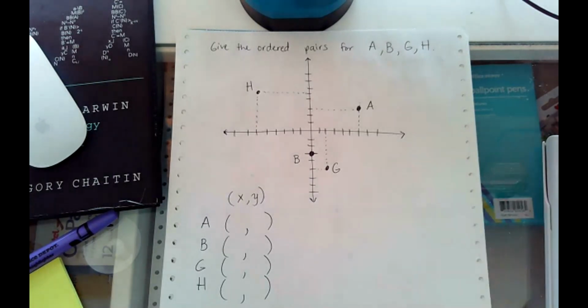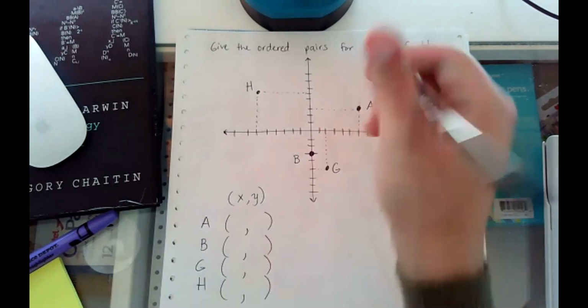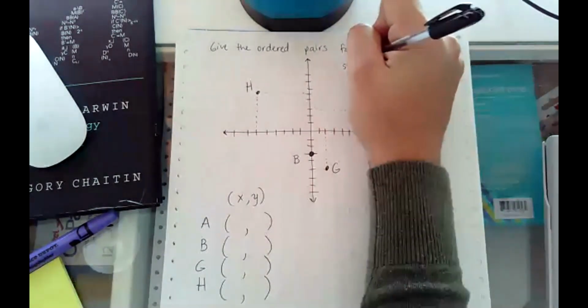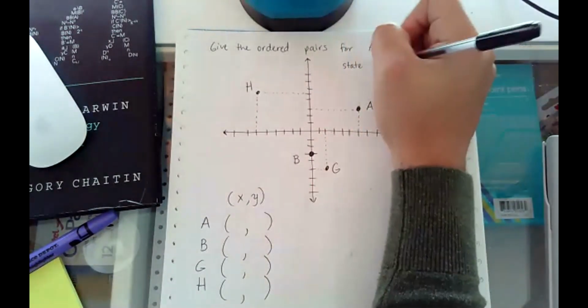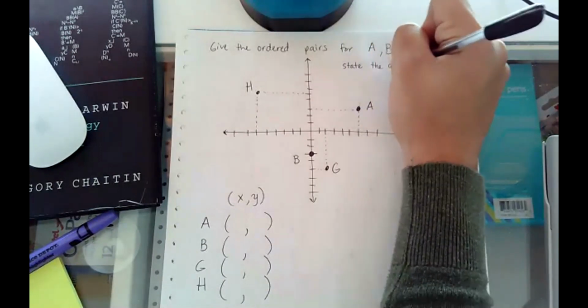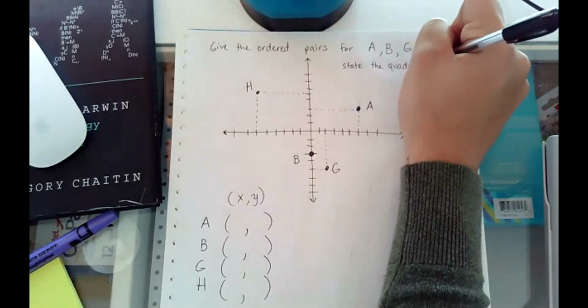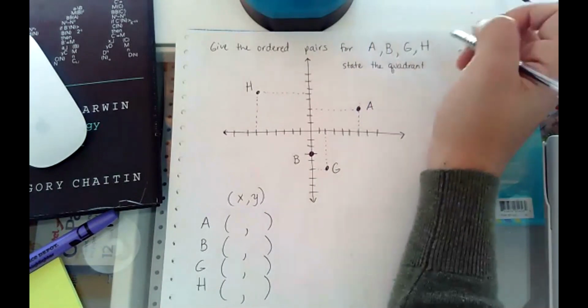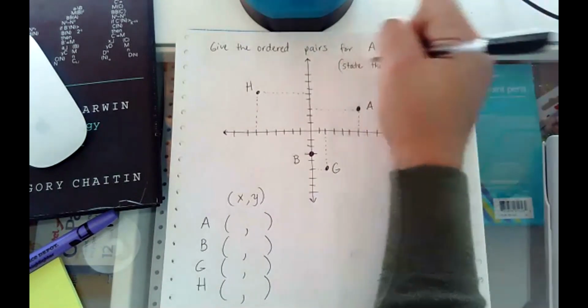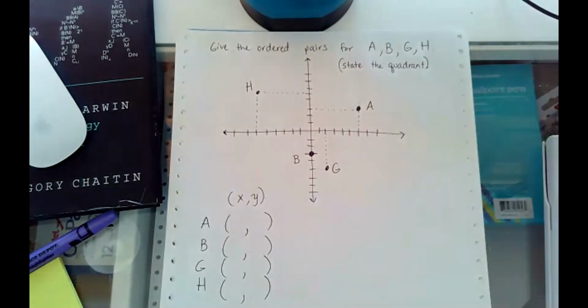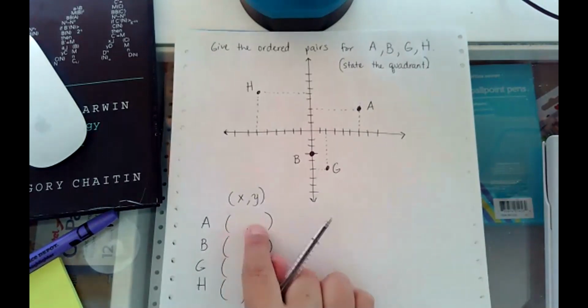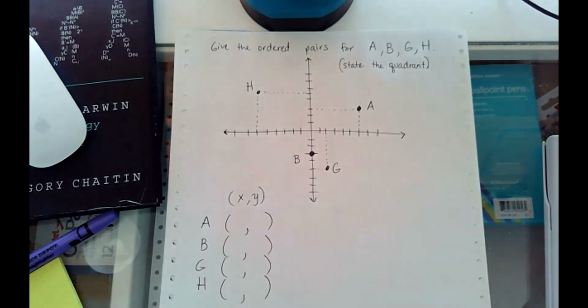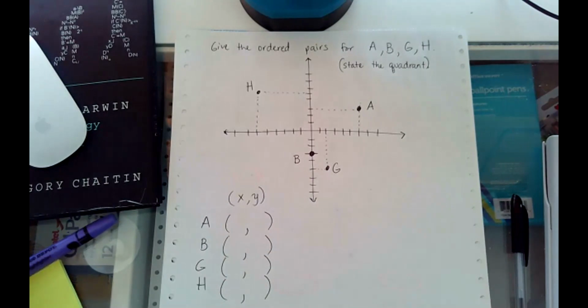And just for fun, I'm going to ask you to state the quadrant that the point is in. Okay, so has anybody found the ordered pair for A? 6 and 3.